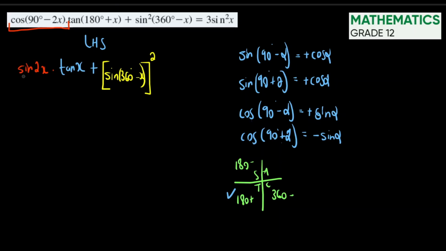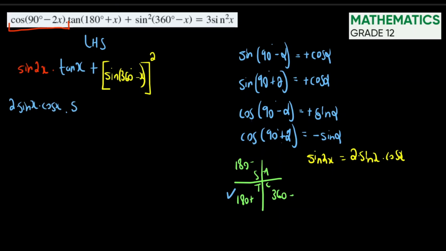So we have a double angle of sine. Reminder, the double angle of sine is equal to 2 sin x cos x. So simply replace sin 2x by 2 sin x cos x.